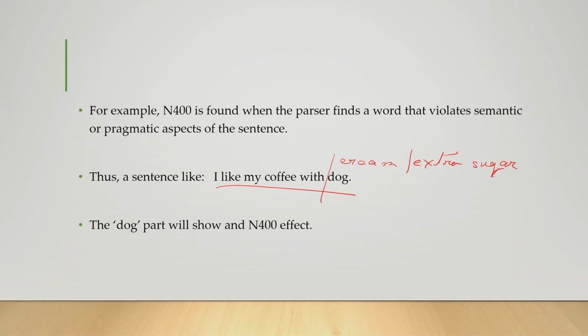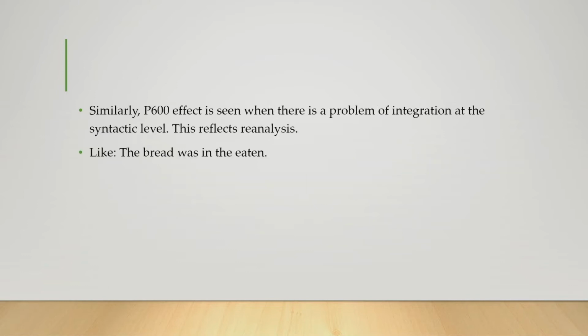So, the brain expects something like this, but if you have a sentence like, I like my coffee with dog, this is where the N400 effect is expected. This is the critical word in the sentence and this is the part where the brain will show the N400 effect. That is how N400 effect works. This is what a semantic or pragmatic anomaly looks like.